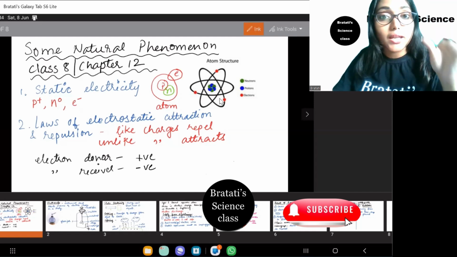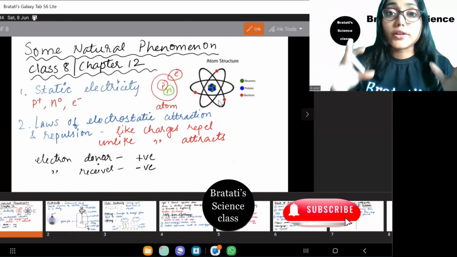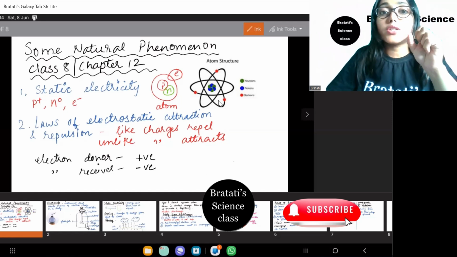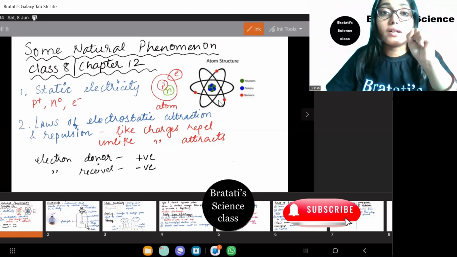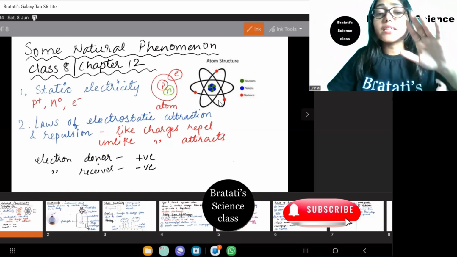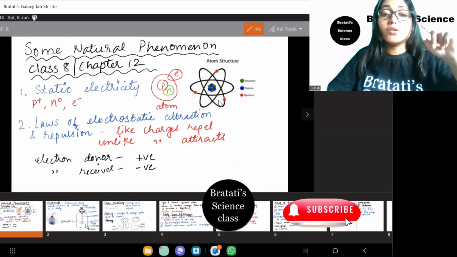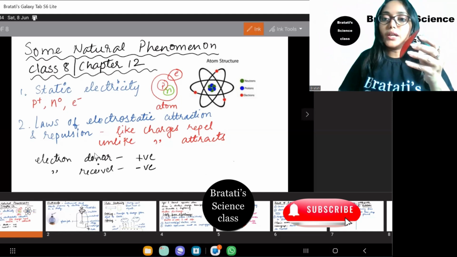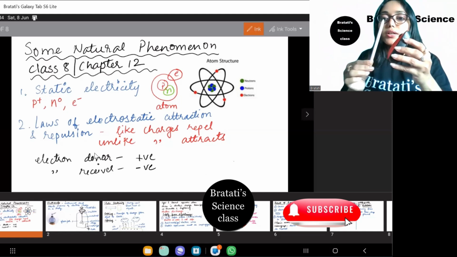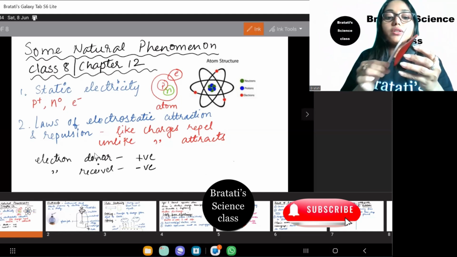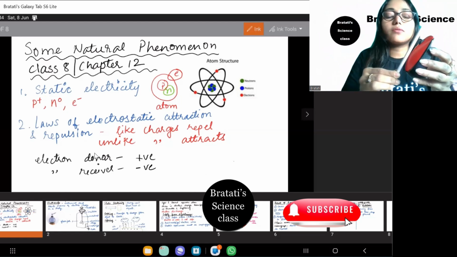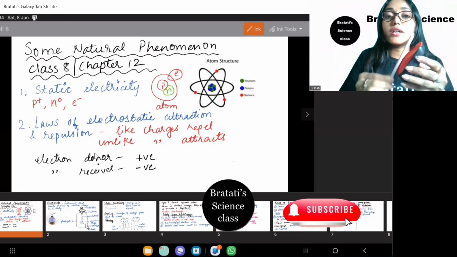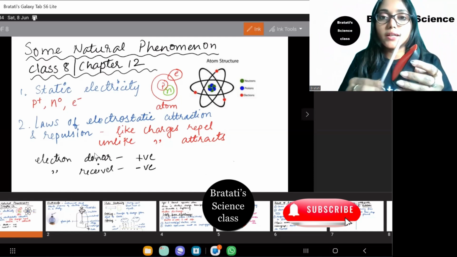That is the negative charge. So this is the structure of an atom. As you can see, the nucleus part, the concentrated part, consists of the proton and the neutron, but the negative charge is revolving around. When two objects come close to each other, any two objects, and we keep them in touch or rub them against each other, that causes friction.